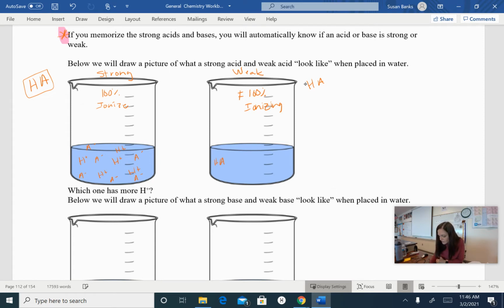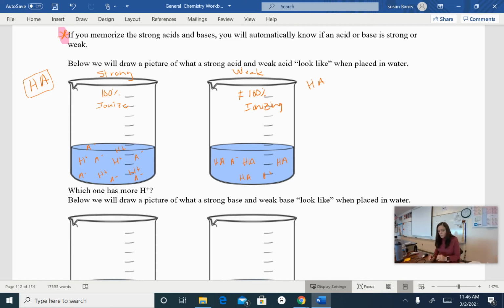Out of 5 of them, maybe one of them would be dissociated or ionized. Now, in reality, weak acids, it's maybe 100 or even less to 1, 10,000 to 1, 1,000,000 to 1. Okay, those are really weak acids.